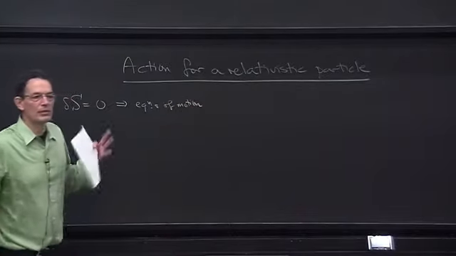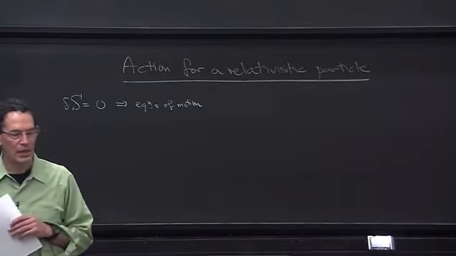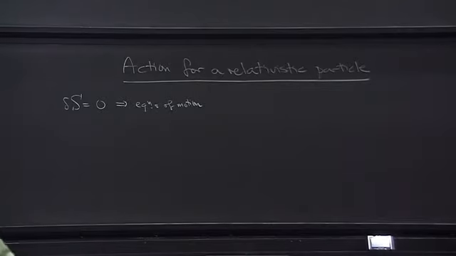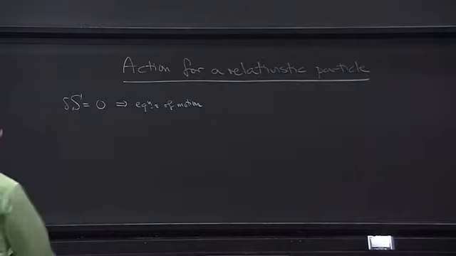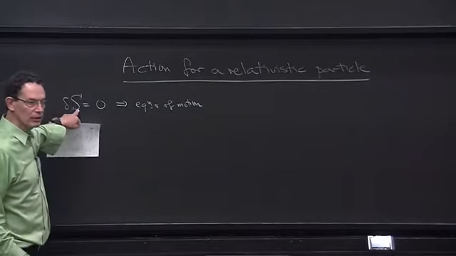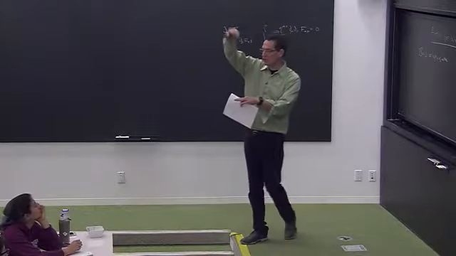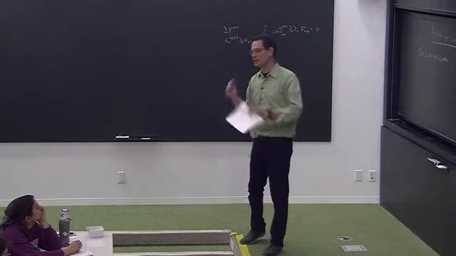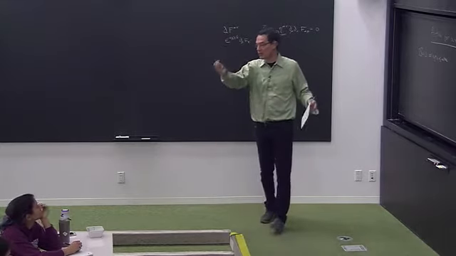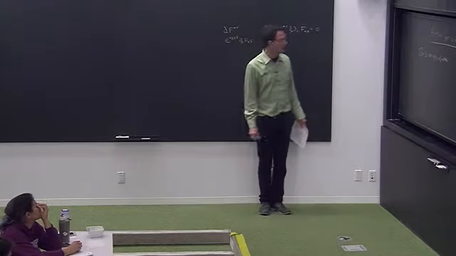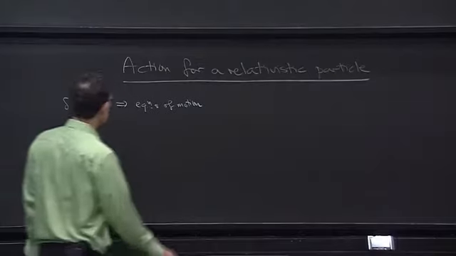Okay, so that's the idea of an action. Now, if the equations of motion have some symmetry, the easiest way to ensure they have some symmetry is just to build the symmetry into the action. Right? To make sure the action is the same for all trajectories related by the symmetry. If it's the same, then the equations of motion are going to be the same. Okay, so this is the best way.